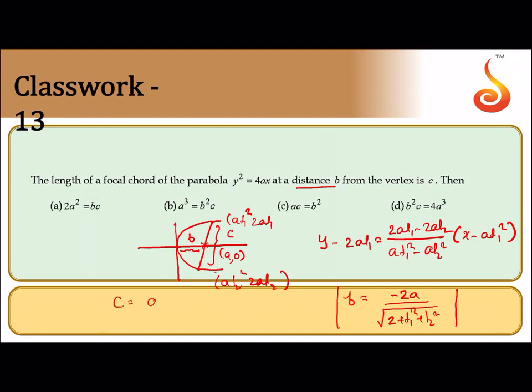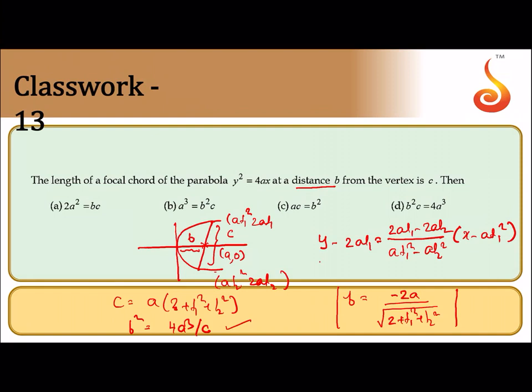So the length of focal chord c is equal to a into (2 plus t1 square plus t2 square). Substituting this value, finally we get b square is equal to 4a cube by c.